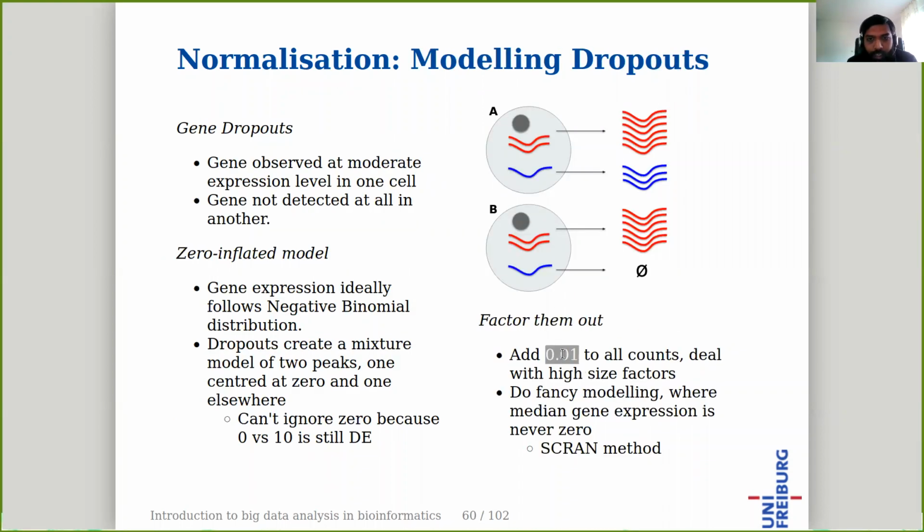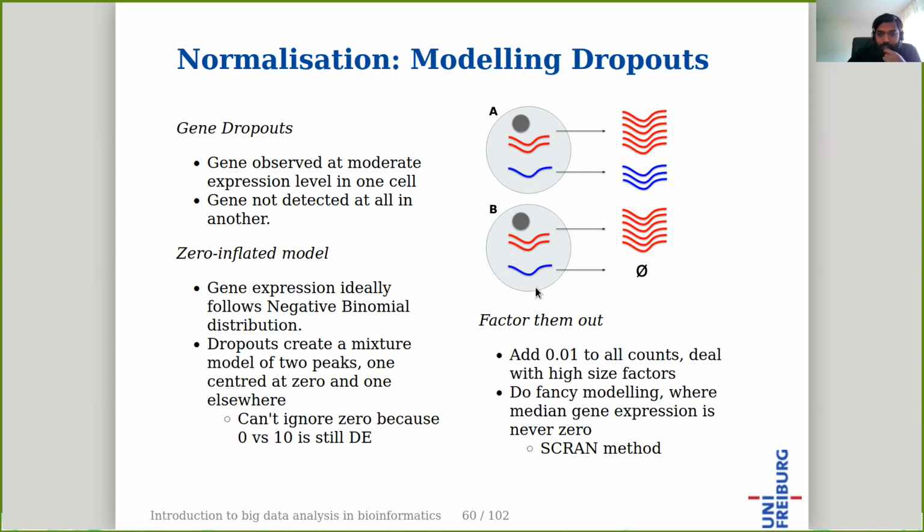We can still deal with this, but the problem is it's not an efficient way of doing it, because you still over or under count these expression levels. The normalization is not exactly what you really want, because you have a lot of zeros in the count table.